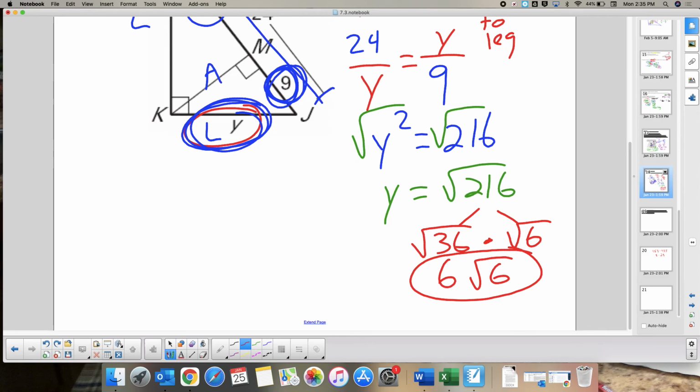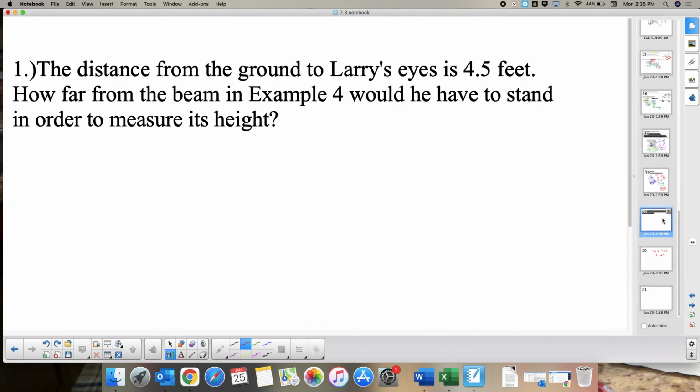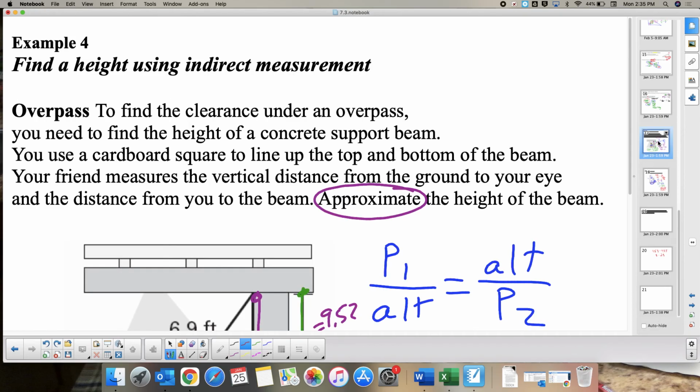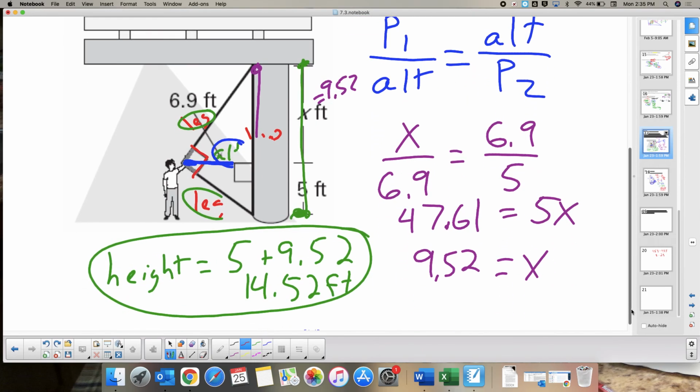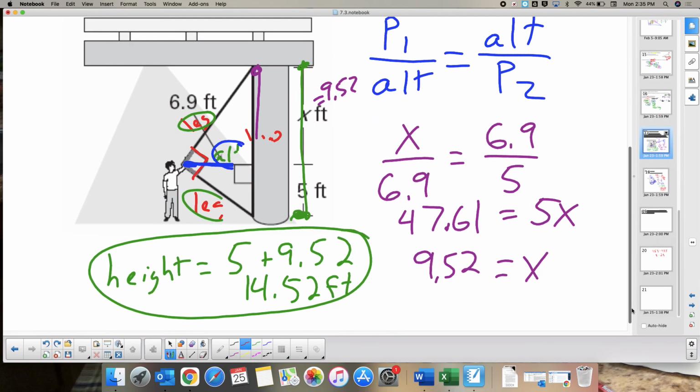Brings us to our last one. It says the distance from the ground to Larry's eyes is 4.5 feet. How far from the beam, in example 4, would he have to stand? Well, we now have to go back to our beam in example 4. The height of the beam we said was 14.52 feet.